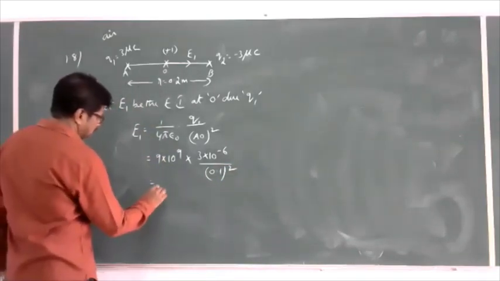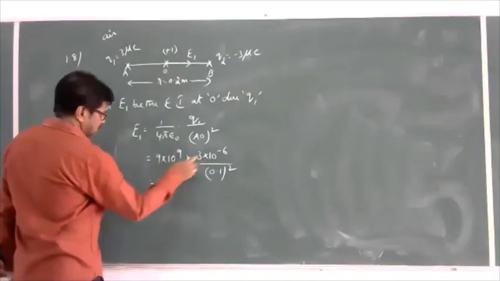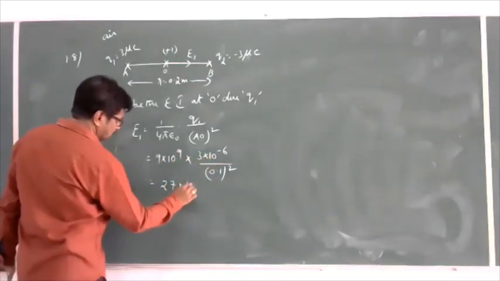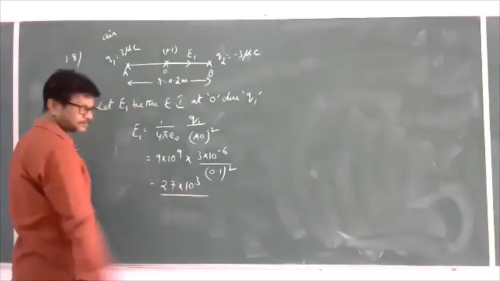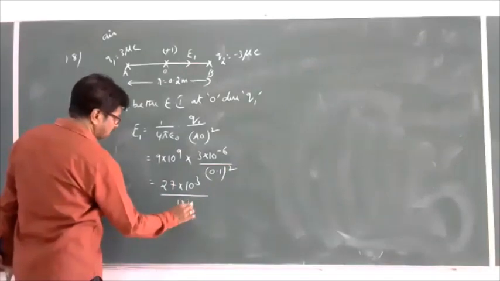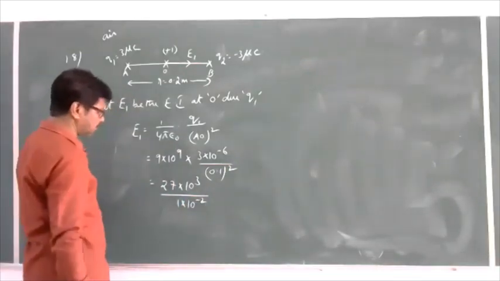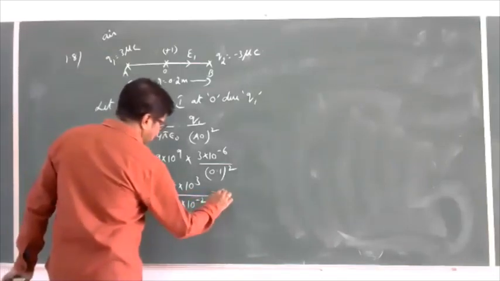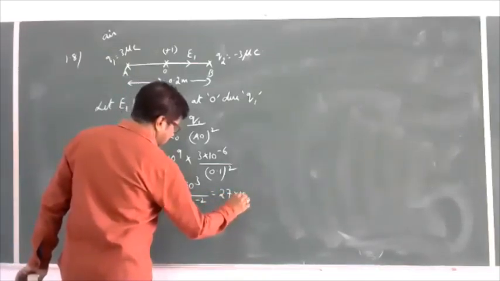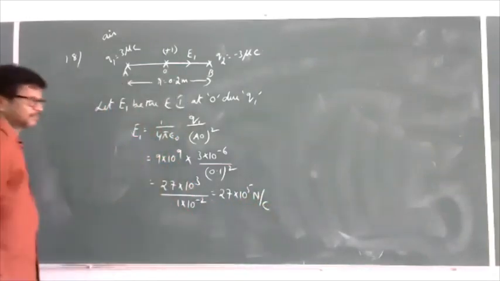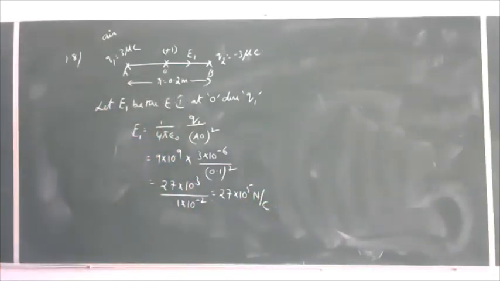Now 9 threes are 27, 10 to the power of 9, divided by 0.1 into 0.1, which is 1 into 10 to the power of minus 2. Then we get 27 into 10 to the power of 5 Newton per coulomb. Newton per coulomb is the unit of electric intensity.